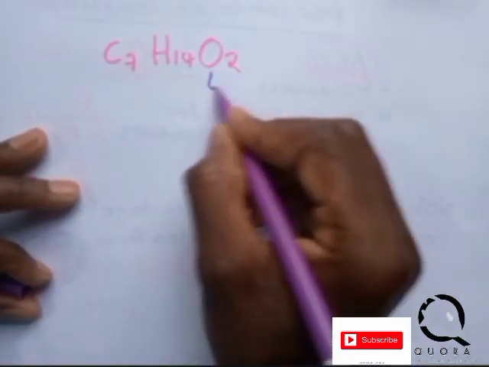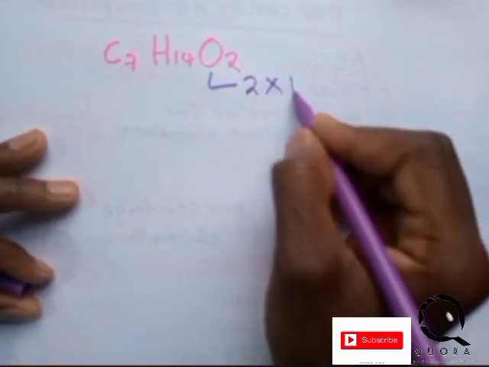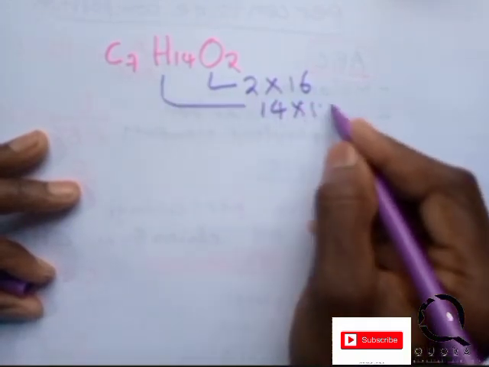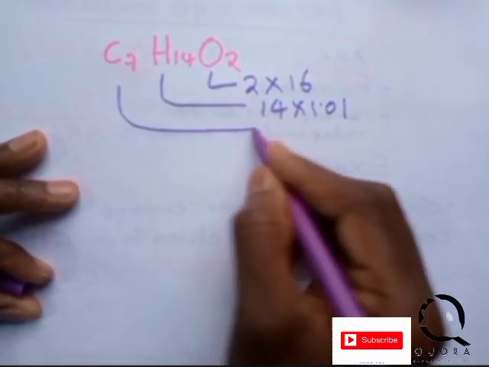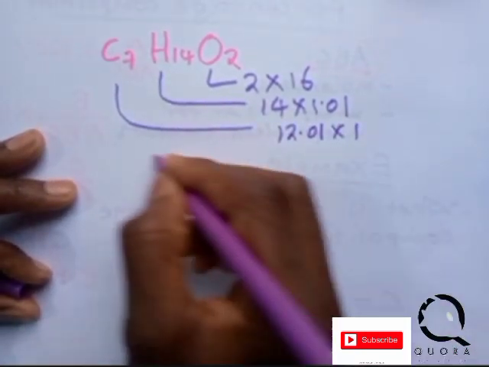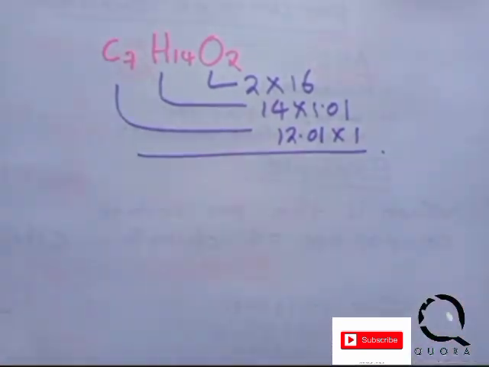So I'll say 2 multiplied by 16, 14 multiplied by 1.01, 12.01 multiplied by 1. What is our total, or the molar mass?